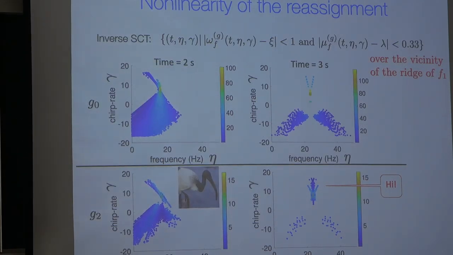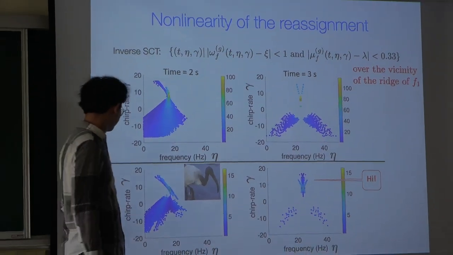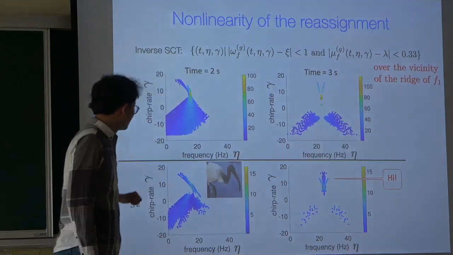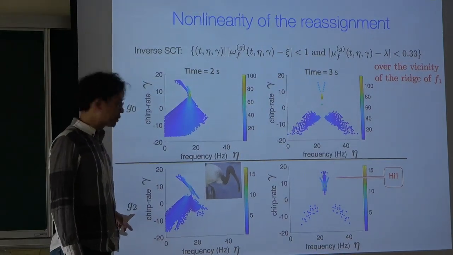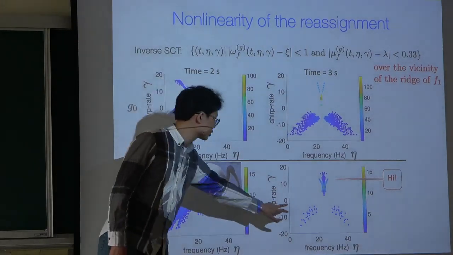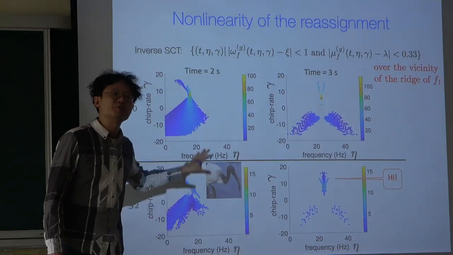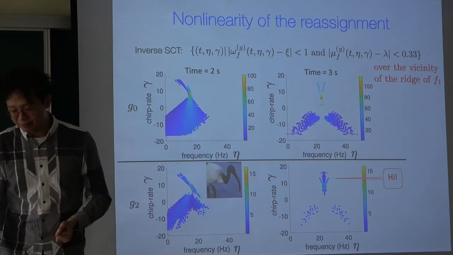And again, there are some nonlinearities. So what I show you here is if you use G0 and you saw this picture before, and if you use G2, another window, then there will be nonlinearity you can see. So there are some quite interesting nonlinearities which we don't fully understand yet.